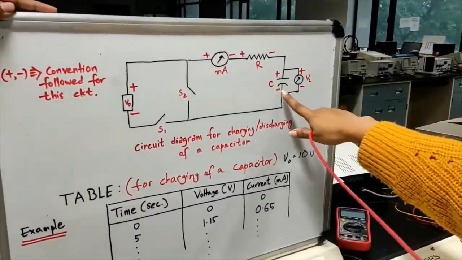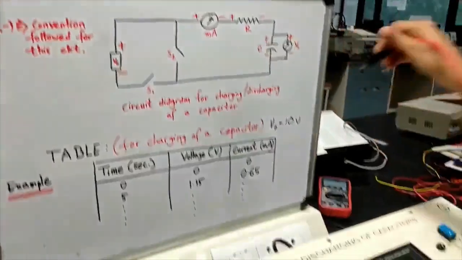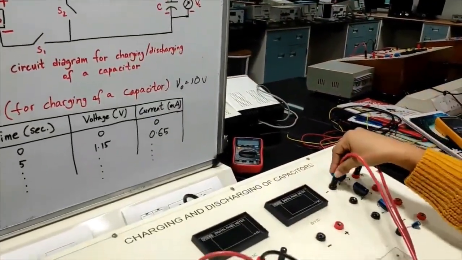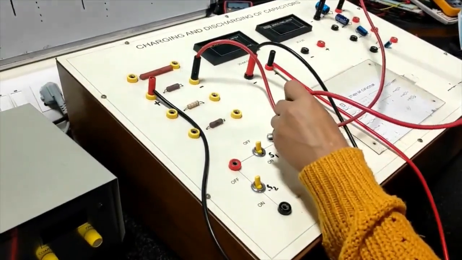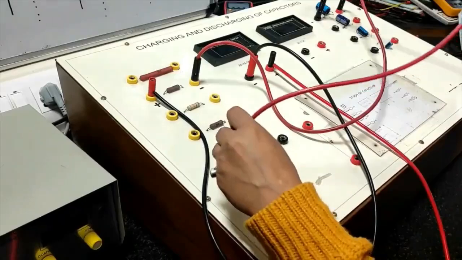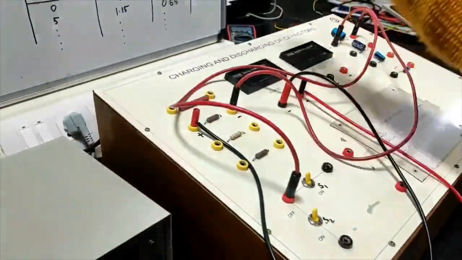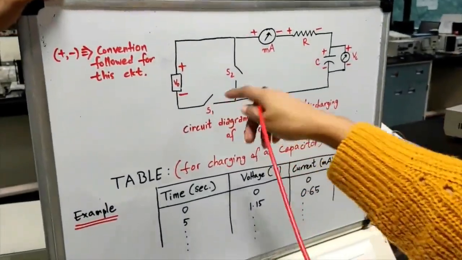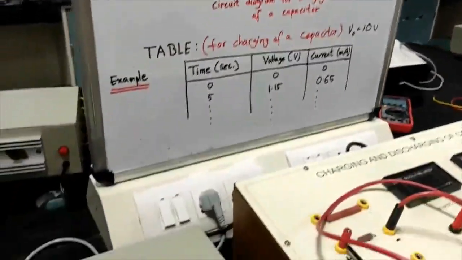And the negative terminal of the capacitor is connected to the common of the two switches. The negative terminal of the power supply will connect to the switch S1.